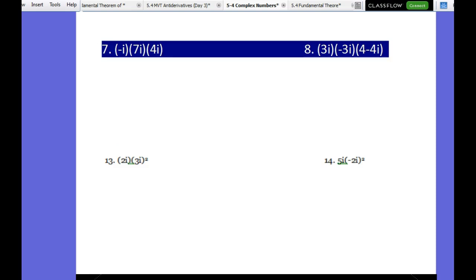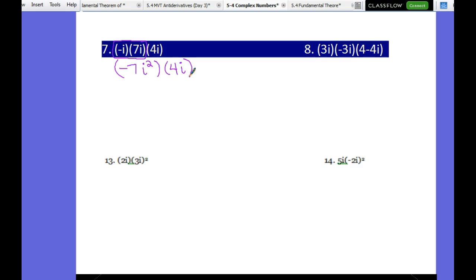Number 7. Now we have 3 things being multiplied out. So when I do it, I kind of group 2 together and then tag along the third. So negative i times 7i gives me negative 7i squared. And then I multiply that by 4i.